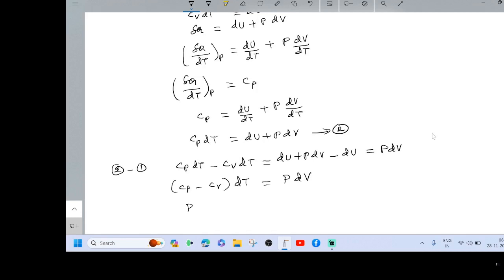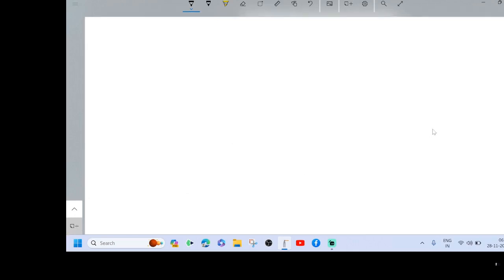Then we know that PV = RT. Then P dV = R dT. Instead of P dV, we can substitute R dT. Now the above equation becomes (Cp − Cv) dT = R dT. From this we can write Cp − Cv = R. Here Cp − Cv is in calories, but R is in joule.